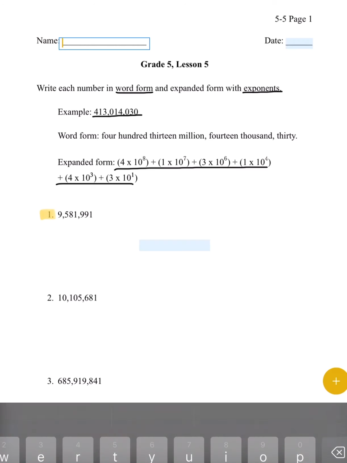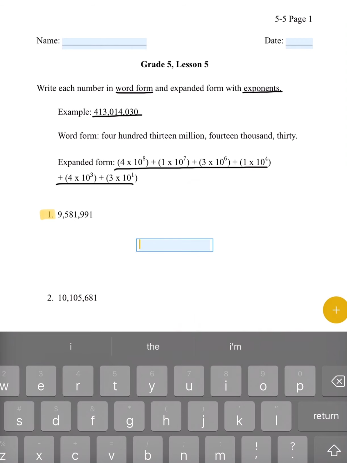First we're going to write it in word form. We can see that the 9 is in the millions place, so it'll be 9 million. And the 5 is in the hundreds place, but in the thousands place, so it'll be 500. And we have 81, 581.